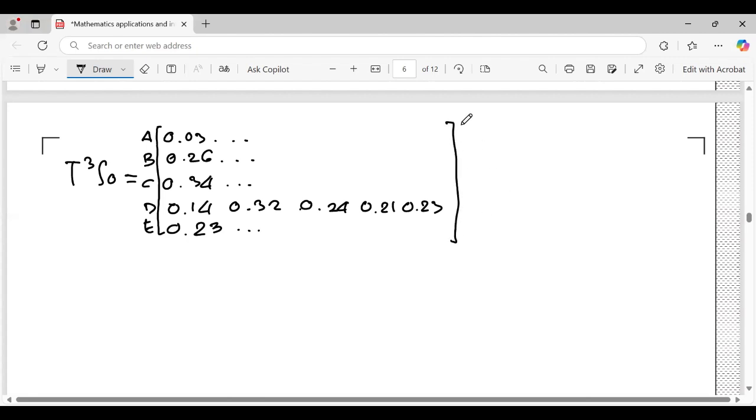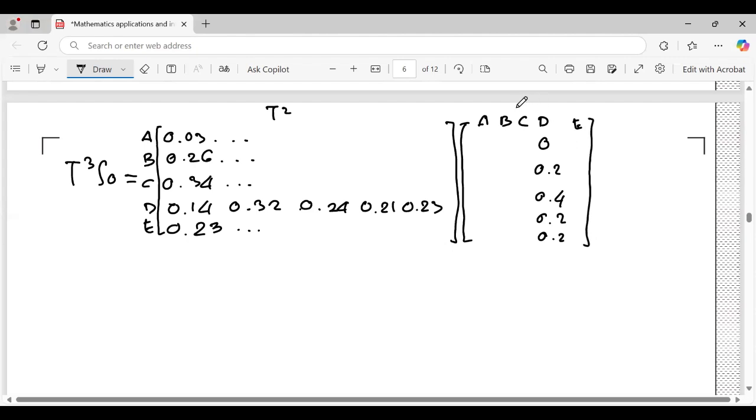And then multiply, because D to D means this is row D and this is column D. So A, B, C, D. This is T squared, and this is matrix T: 0, 0.2, 0.4, 0.2, 0.2.